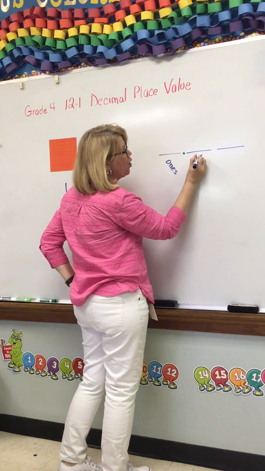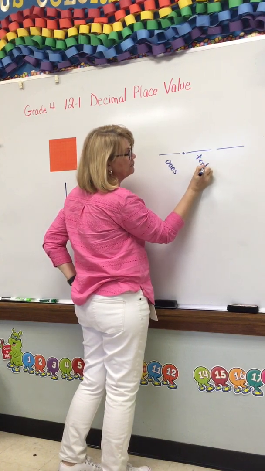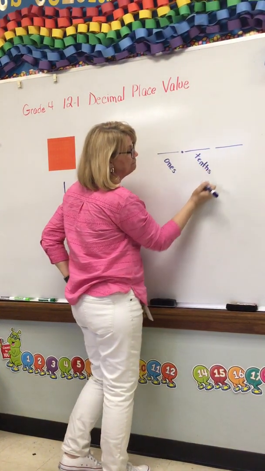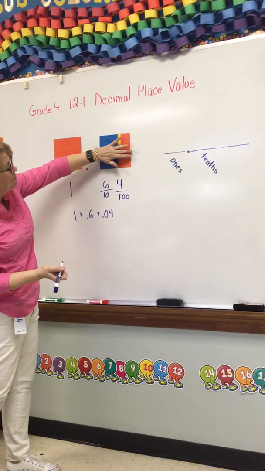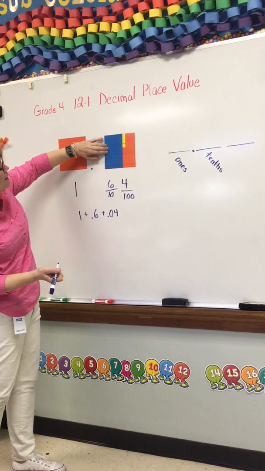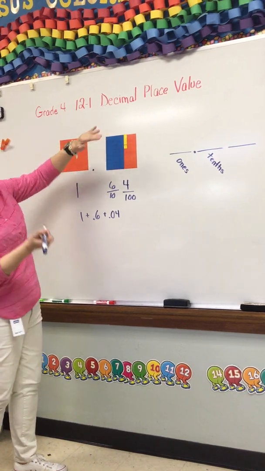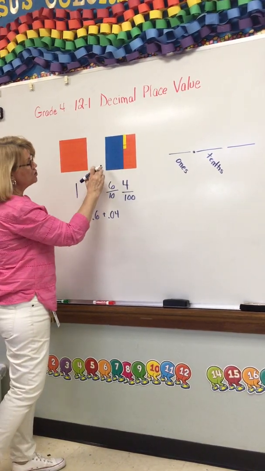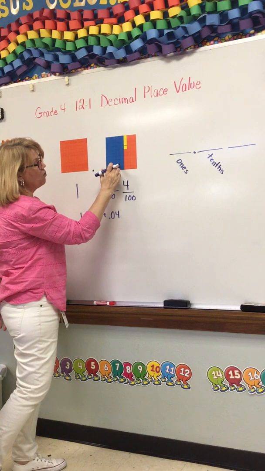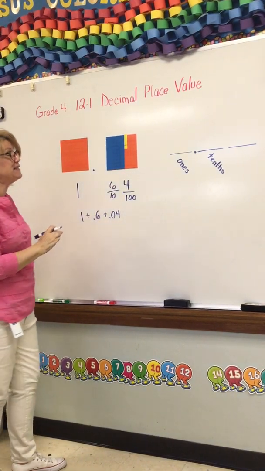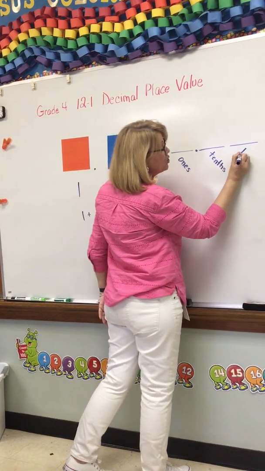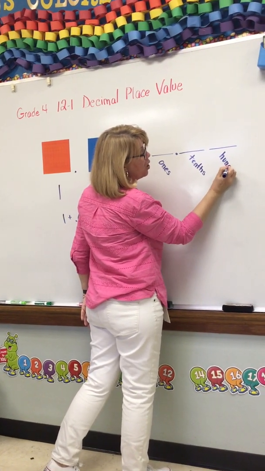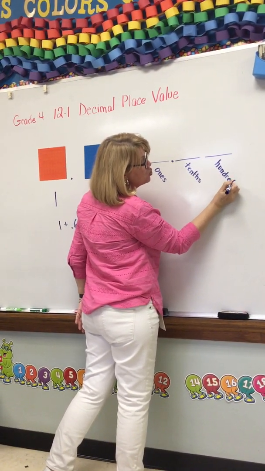This is what we call tenths. It's a model, but broken up into 10 sticks. So I have 1, 2, 3, 4, 5, 6 10 sticks, and they're tenths. And this is called hundredths.